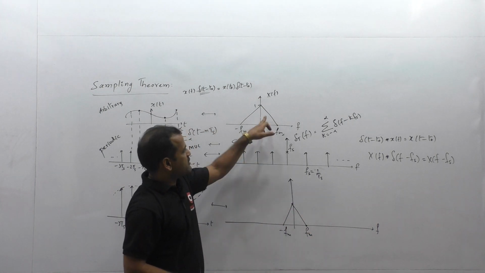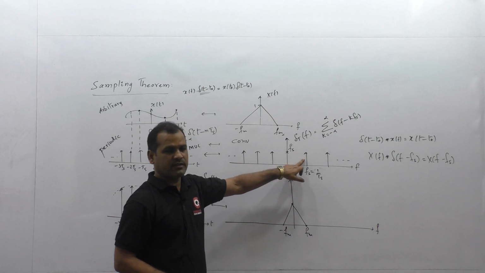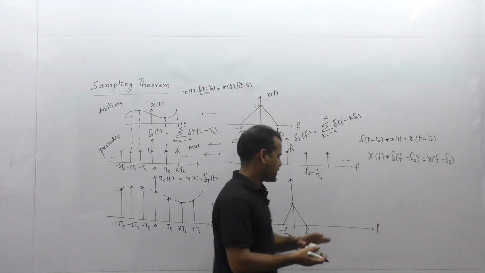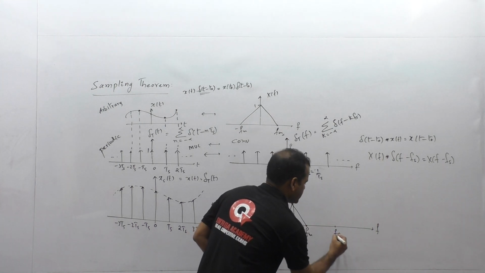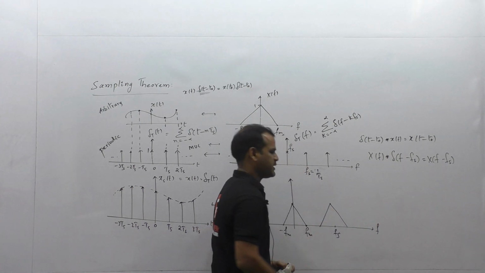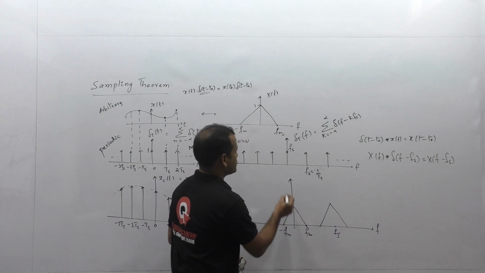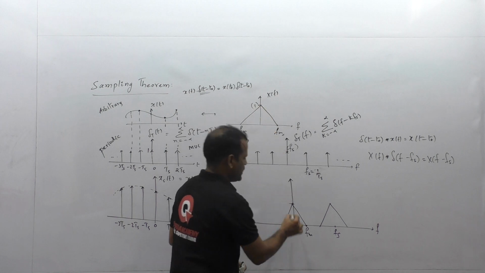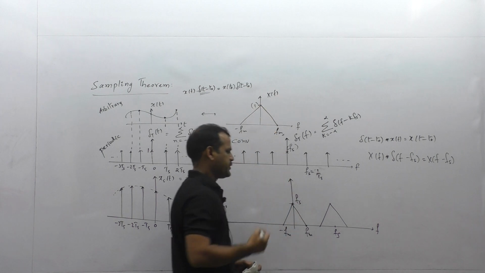And then whenever this spectrum is convolved with this delta function, it shifts to this location fs as per this property. So at fs, we will get this second function like this. And here of course fs is the amplitude of this function, 1 is the amplitude of this function. So here also you will get fs amplitude.